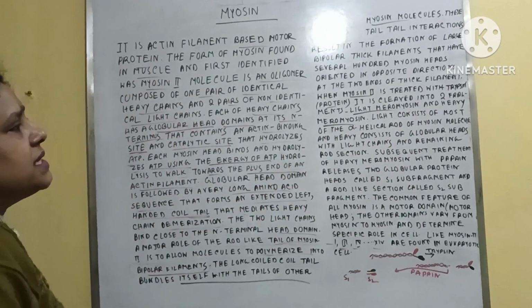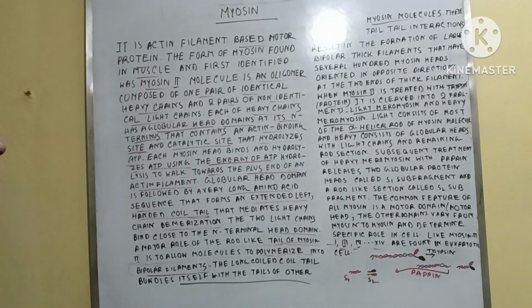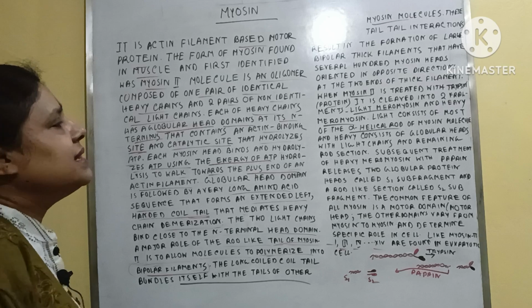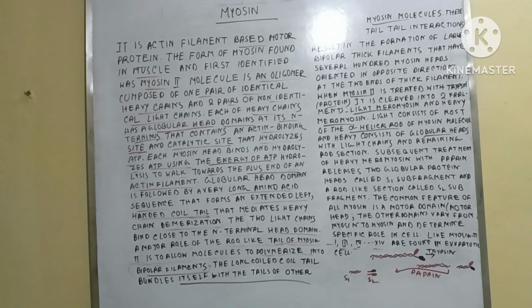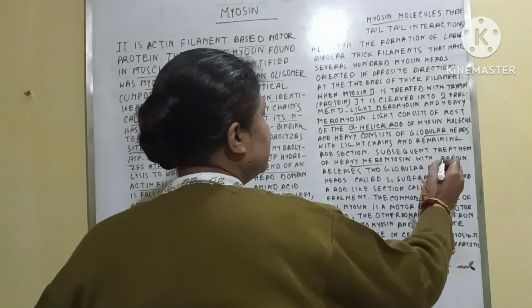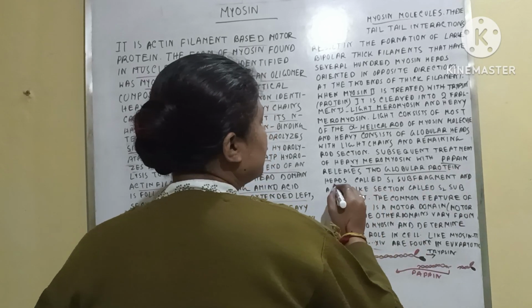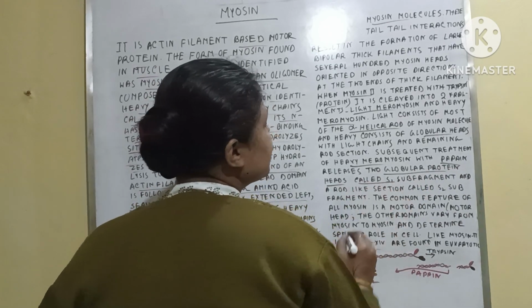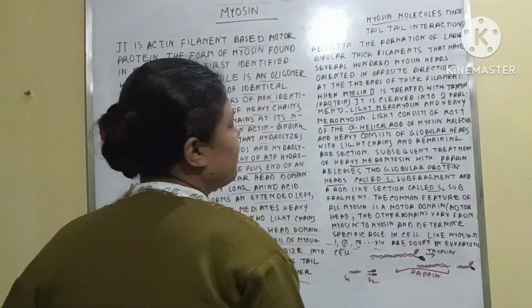The light meromyosin consists of the alpha helical rod, and the heavy meromyosin consists of the globular heads. The subsequent treatment of the heavy meromyosin with the papain releases the two globular protein heads, called one the S1 subfragment and another the S2 subfragment.